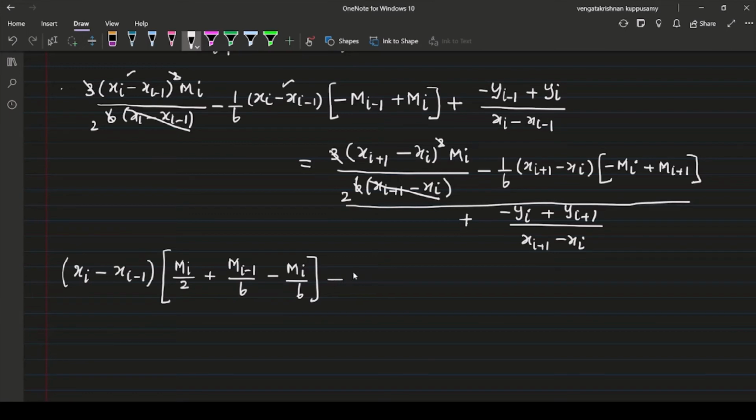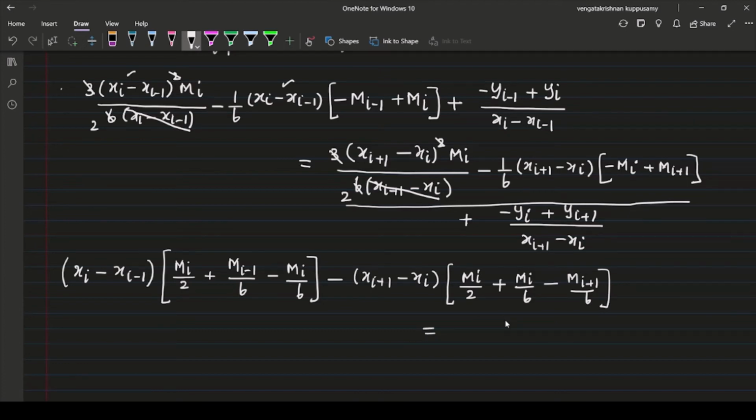So minus of, here we can pick x_{i+1} minus x_i in common, into (m_i by 2, then plus m_i by 6 minus m_{i+1} by 6), and we bring the y terms to the right hand side.